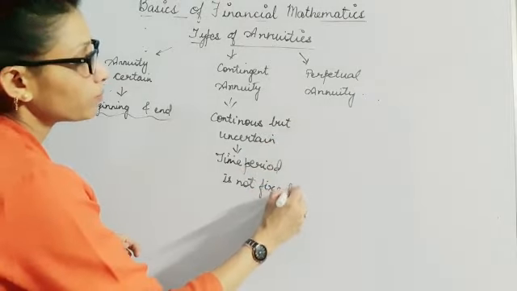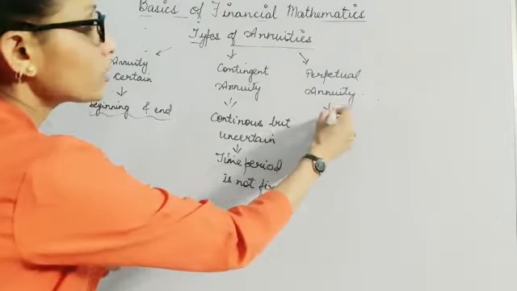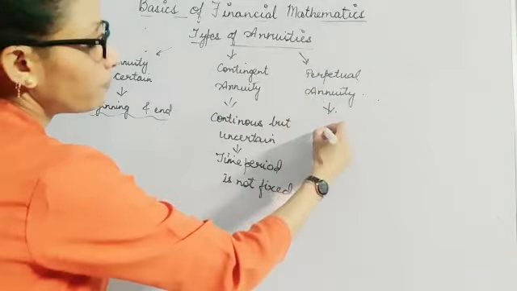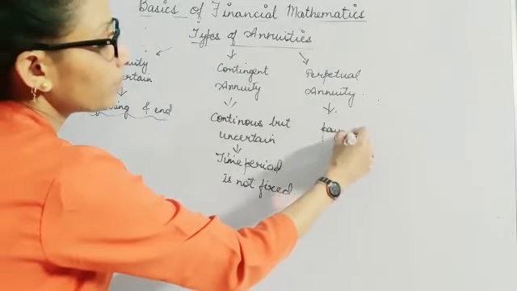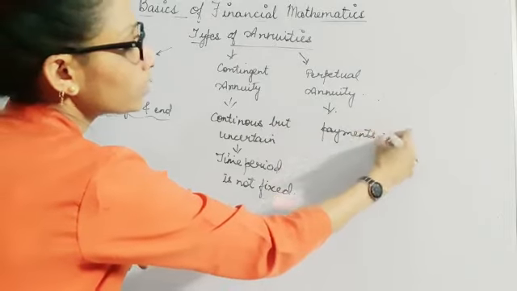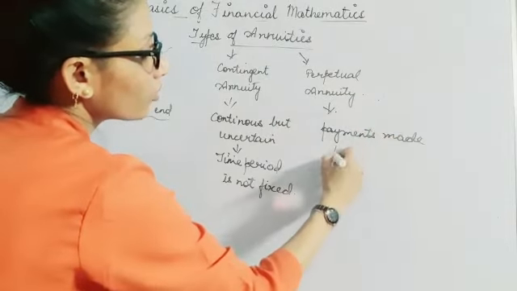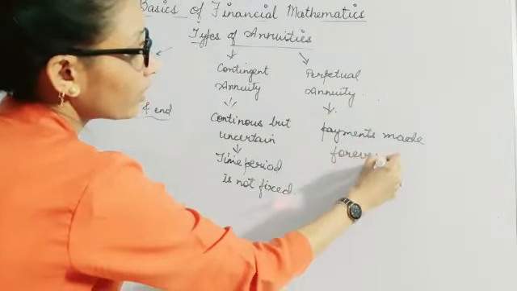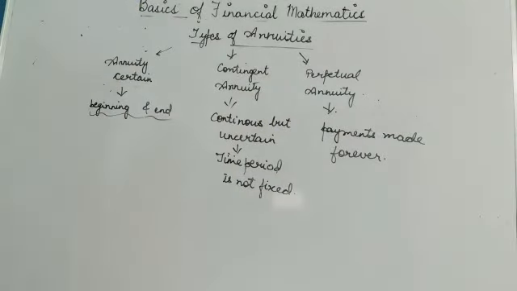Alright, perpetual annuity, this is the payment made forever. So here the time period is continuous. That means it begins at a fixed date but continues forever.